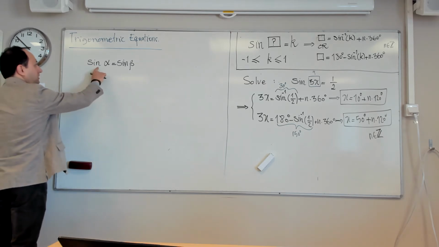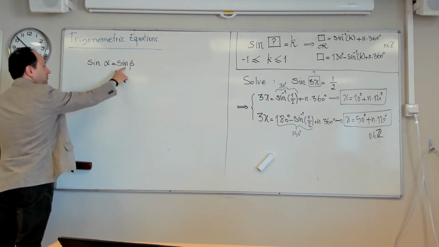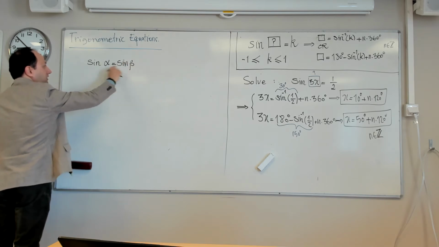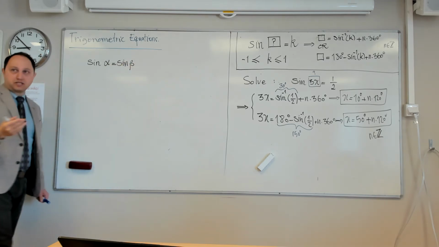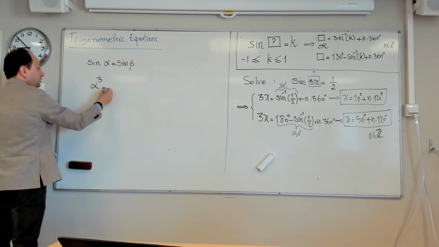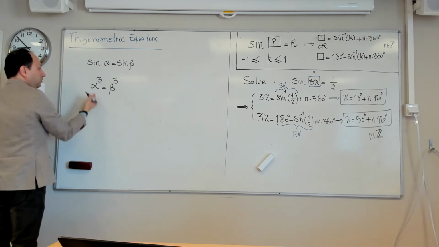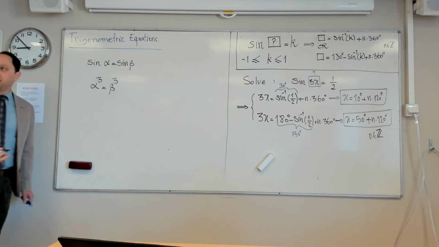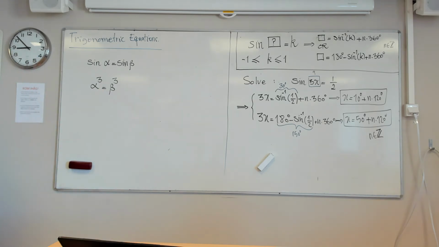If this combination is equal to the same combination with a different variable, then you can conclude these variables are the same. For example, if I say alpha to power 3 is equal to beta to power 3, what you can conclude about alpha and beta? That they are equal.